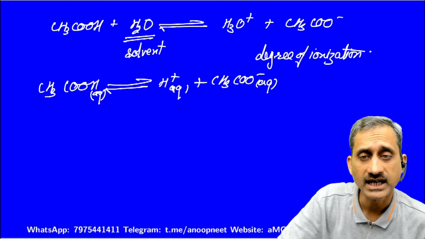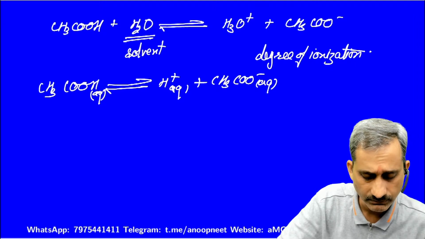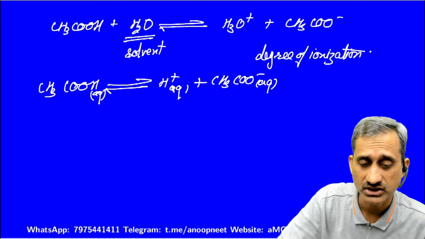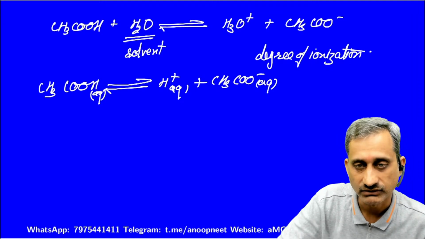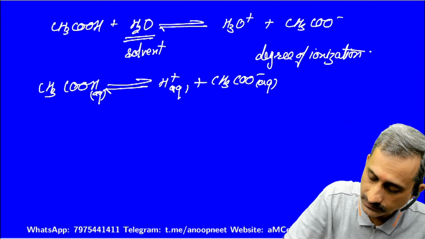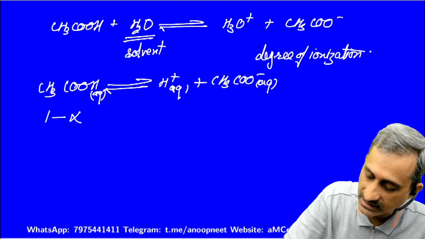We are talking about the weak acid which is actually a covalent compound, और covalent compound के अंदर अगर हम बात करते हैं ions के formation की, then in that case degree of ionization is a better word rather than the degree of dissociation. So here again we are going to have 1 minus alpha.